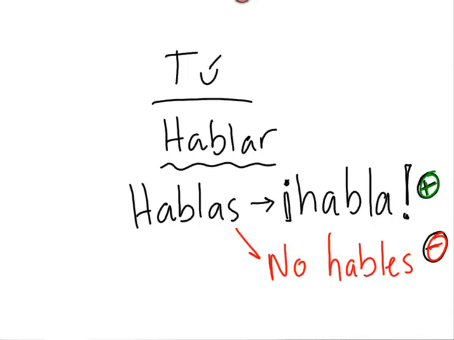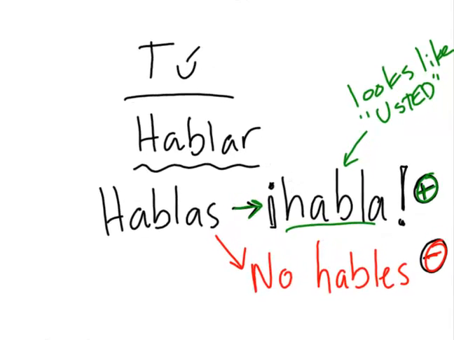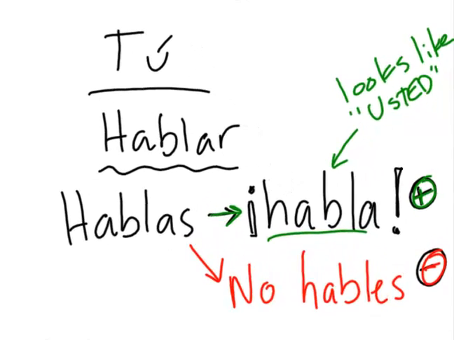Okay, let's take a look at this real quick. So we've got the verb habla. Now when it's a command, we use what looks like usted. So the habla here looks like a regular present tense usted.